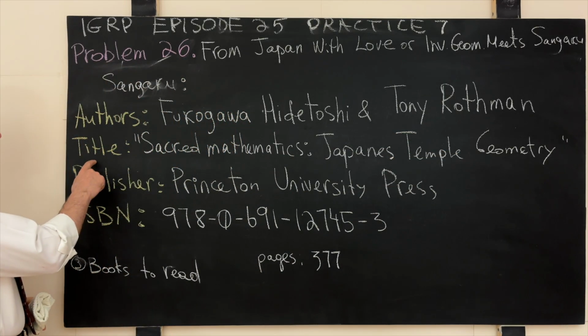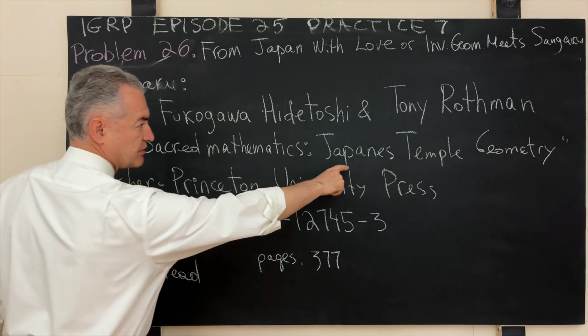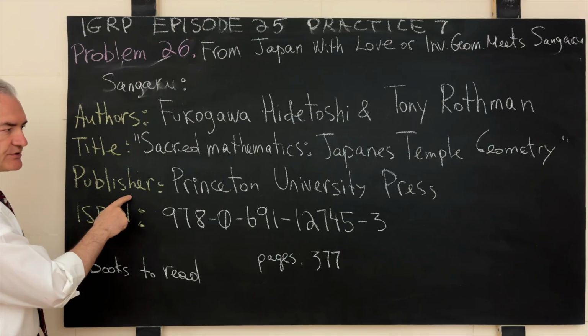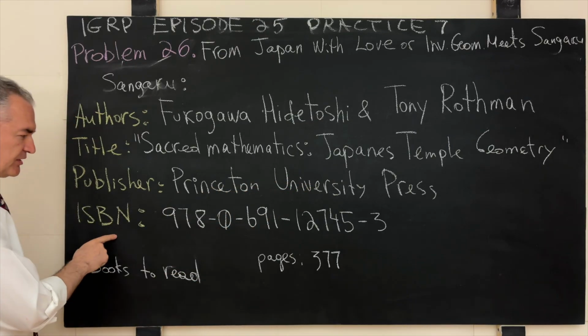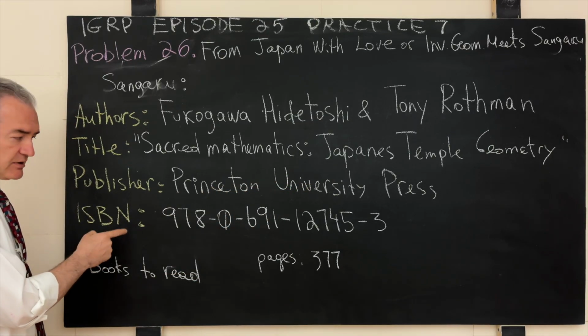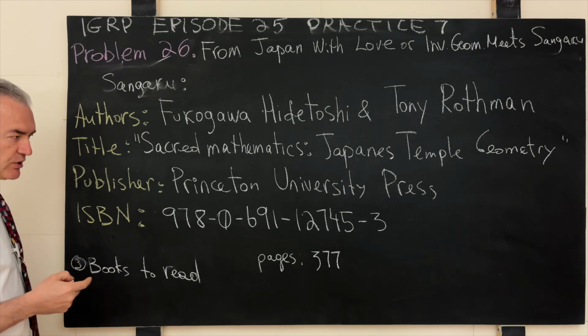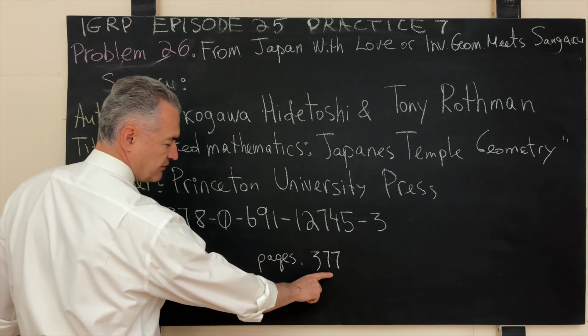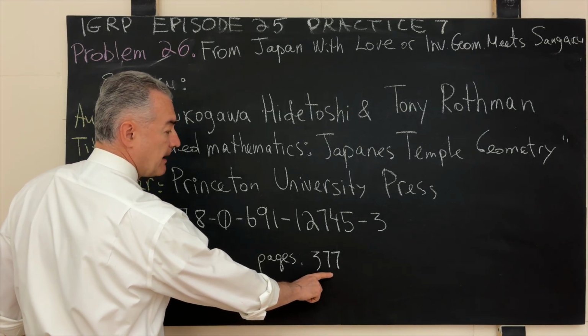The title of this book is Sacred Mathematics, Japanese Temple Geometry. The publisher of this book is Princeton University Press. Here is the ISBN. This is an American way to identify books with a unique number. And this book has 377 pages.